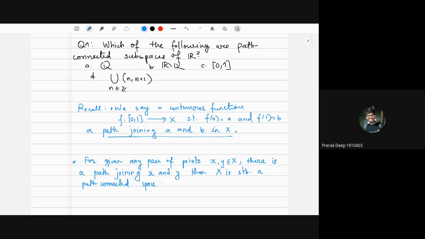Okay, so Thangeshwaran has said that C and D are the guesses. Let's wait for Rudra. Let's see what he has to say, and then we will discuss the solution.